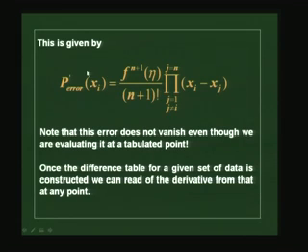If you want to evaluate the error at a non tabulated point, then we have one more term, which is this term multiplied by the derivative of this function, which is difficult or impossible to evaluate because we do not know the functional form of it. So, this form of the error will give us only a qualitative idea about what the error is, and in most cases we will not be able to say the order of magnitude of this term. We can only say that it is of the order of the n plus 1th derivative.